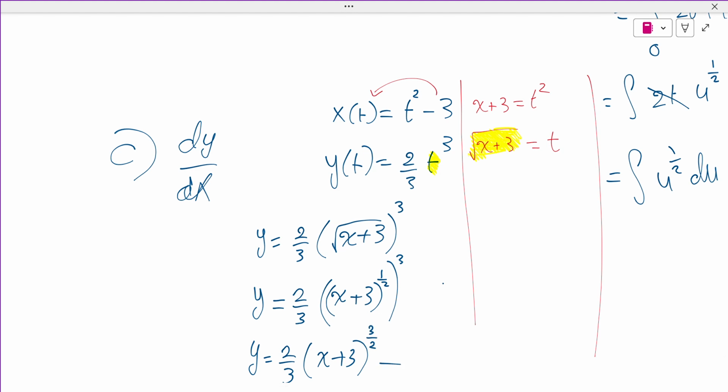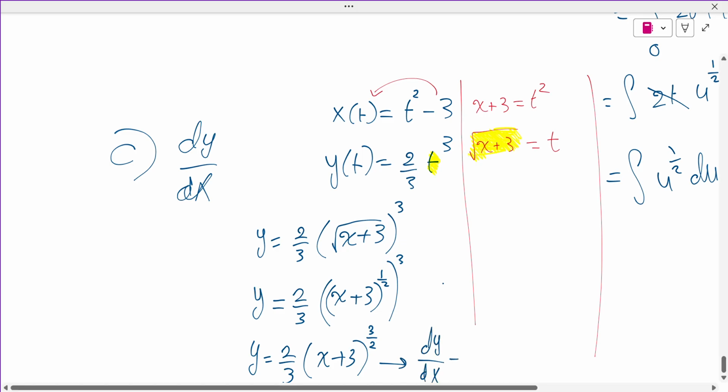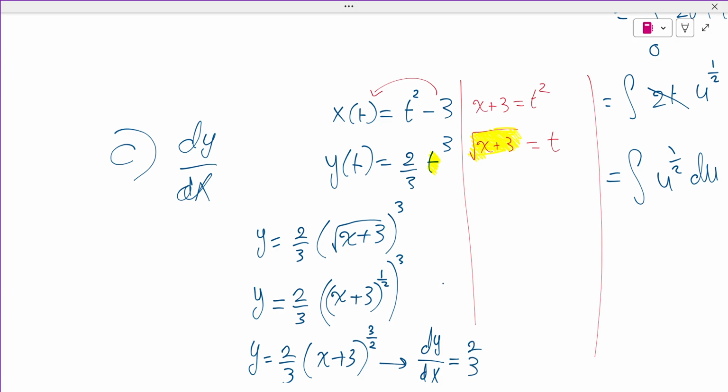And now we can just find the derivative of y with respect to x, not with respect to t. We will put the exponent in front. We have 2 over 3, this is the coefficient.